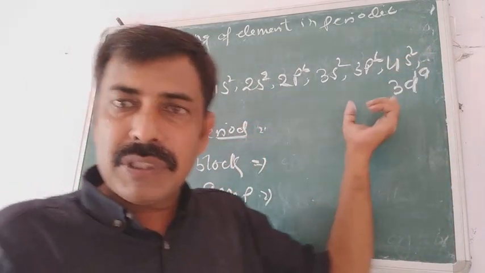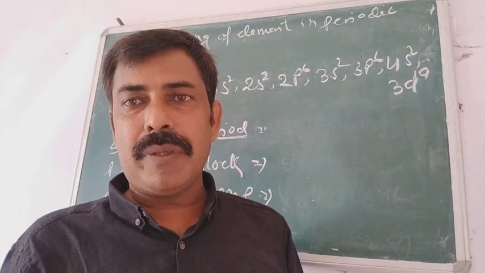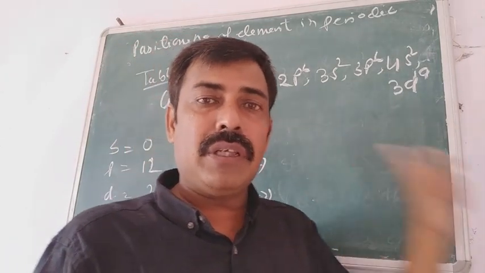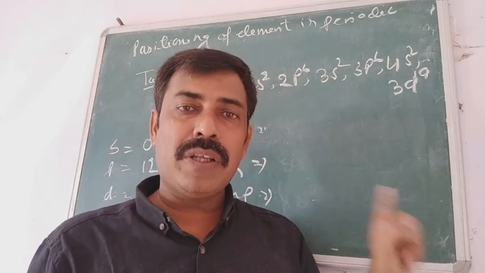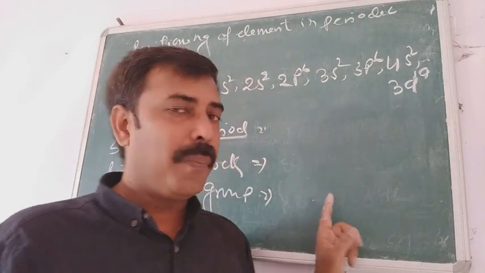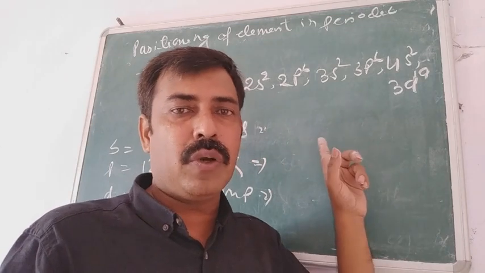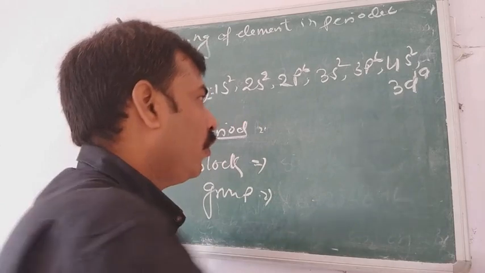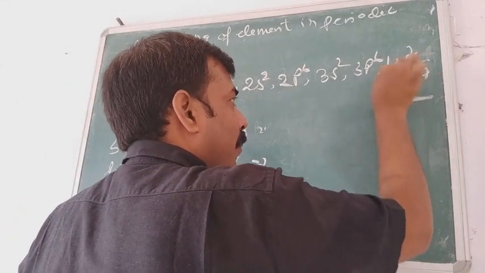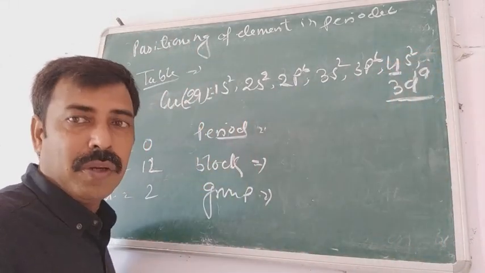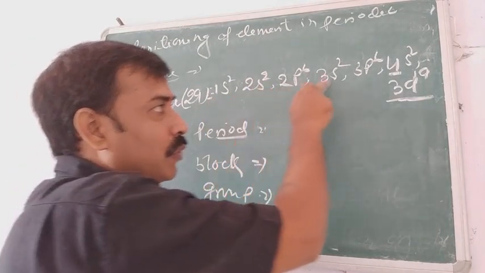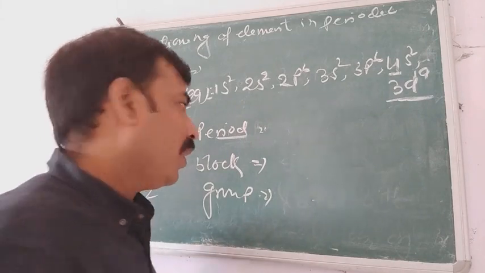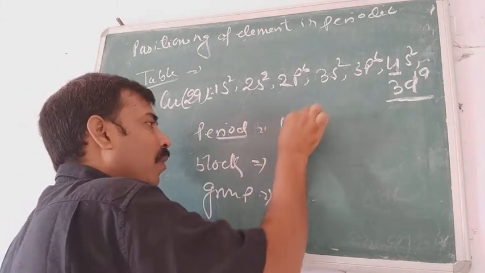So on the basis of this configuration, you will position the element, not with the configuration 4s1, 3d10. I have already said it is the general electronic configuration which will provide the position of chromium and copper. Only in this case you will use this configuration, otherwise you will use the same, 4s1 3d10. On the basis of this one, what is the largest principal quantum number? Again 1, 2, 2, 3, 3, 4 and 3. The 4 is the largest principal quantum number, and again the period will be 4.